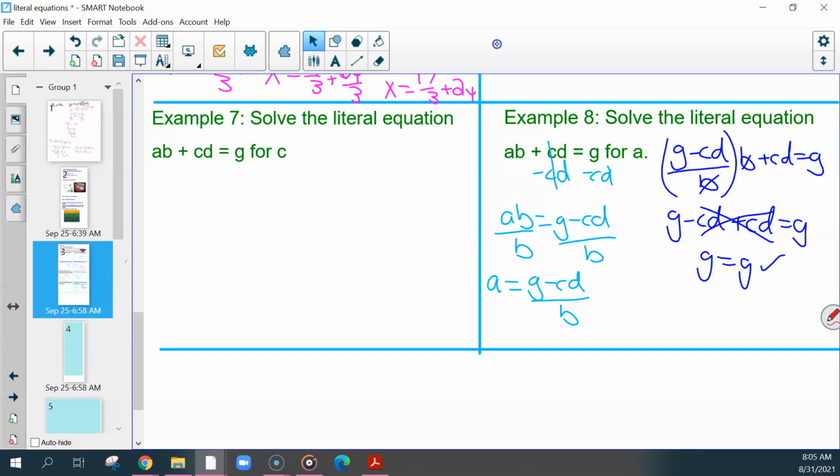I do want to mention that I don't know if you guys saw this or not. Your course calendar, I changed some of the dates for your quizzes and tests because I wanted to have enough time for you guys to take the quiz, for us to go over the quiz, and then you guys take the test. So Thursday, you guys are going to take the 1.1, so that's solving multi-step equations.